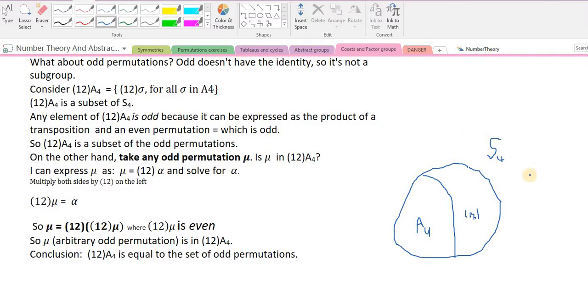Now the question is, is there anything else besides A4 and (1 2) A4? And the answer is no. There's only even and odd permutations. There aren't any others. So in fact, A4 has 2 cosets, itself and (1 2) A4.